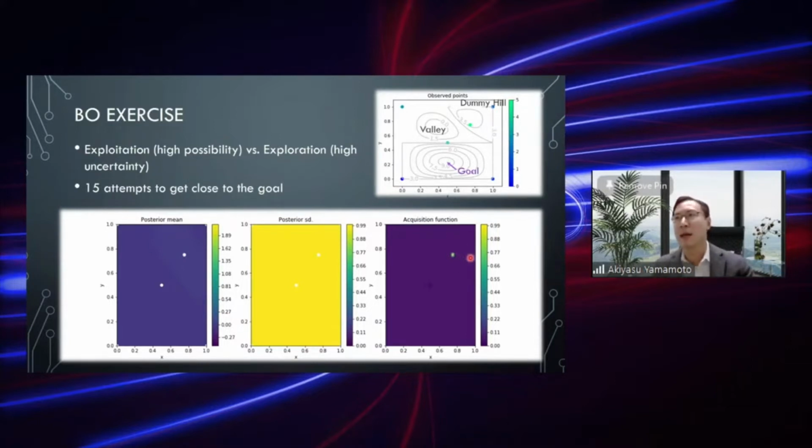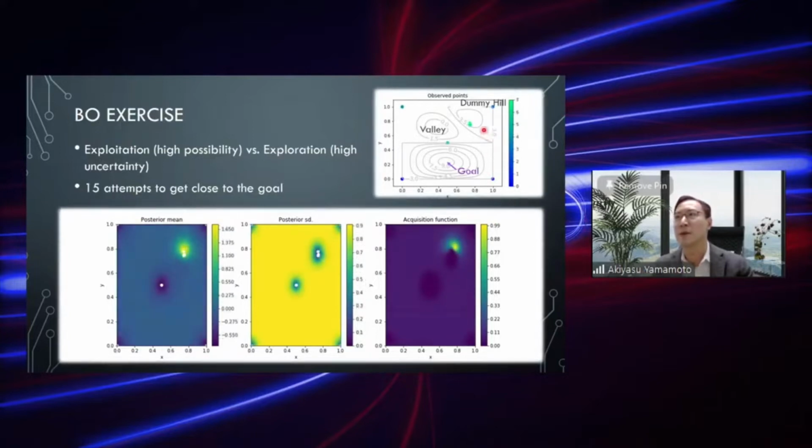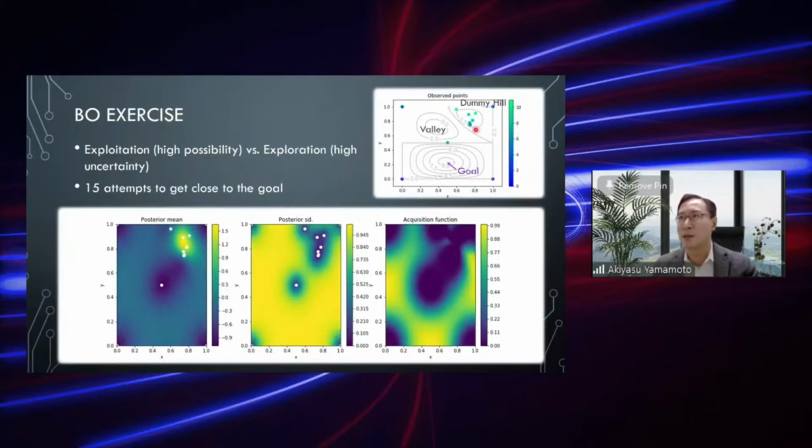And for the first step here, and second step, third step, here has the largest value in the prior information. At the same time, the variance around the dummy hill became smaller and smaller. And now you can see the acquisition function is high except at the dummy hill.